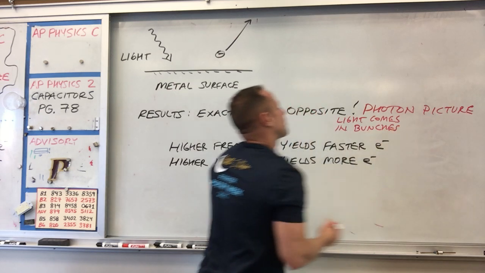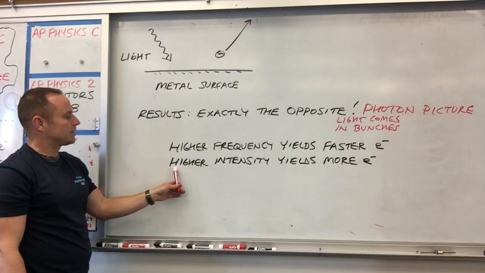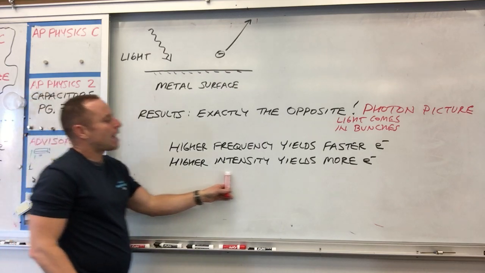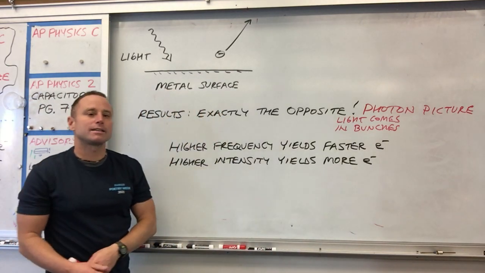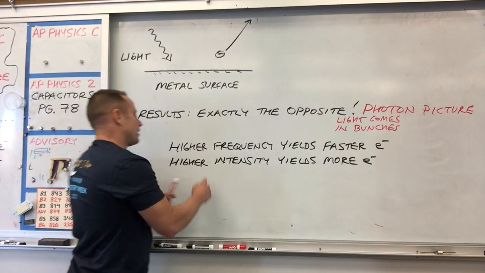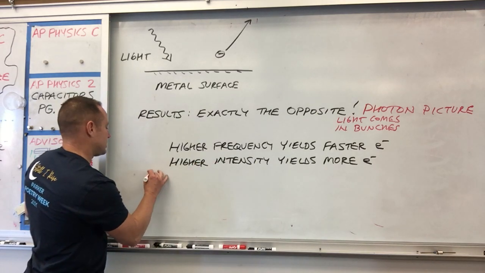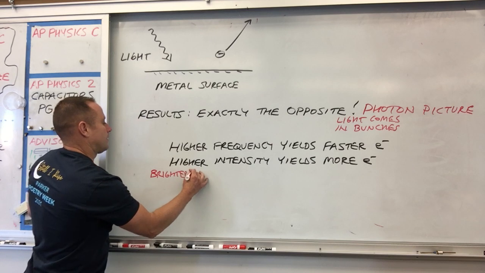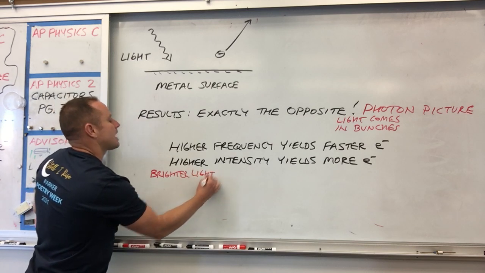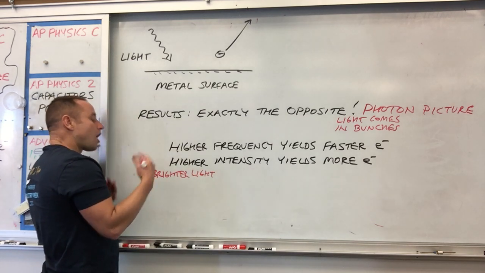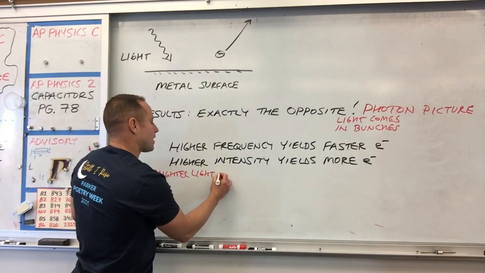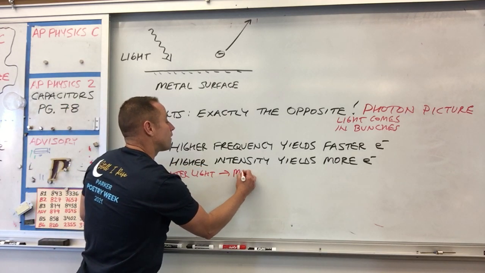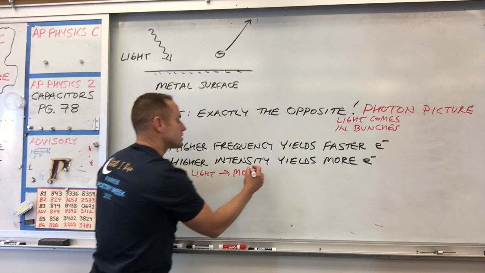Well, the easiest thing to wrap your head around with all this, I think, would be this idea that higher intensity yields more electrons. So if you turn up the intensity, or brighter light, the idea is to not think of that as taller wave peaks, but rather to think of that as more photons, more little chunks of light.